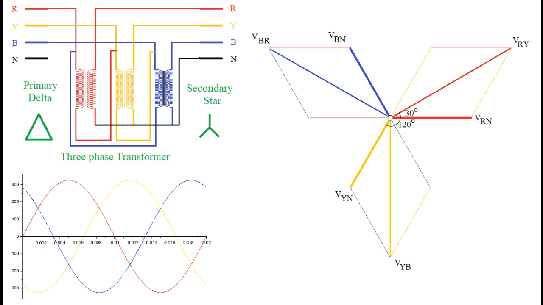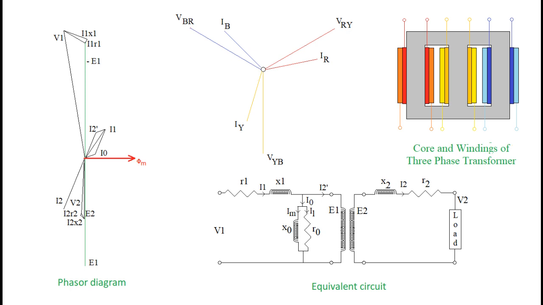When we connect such a supply to primary windings of three-phase transformer, as in case of single-phase transformer, no load current will be drawn from all primary windings. This no load current will have magnetizing and loss components. Magnetic flux produced by each such a phase would be away from each other by 2 pi by 3.